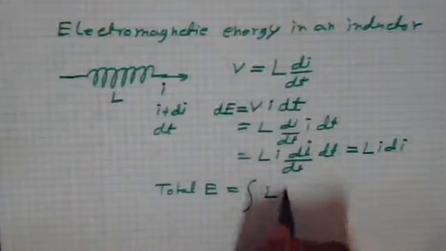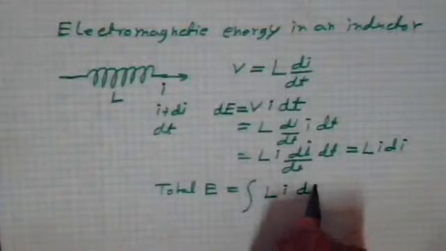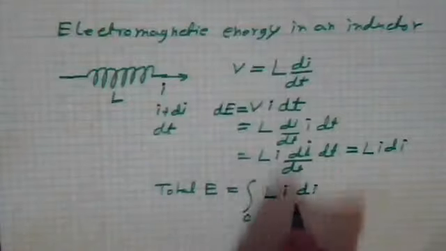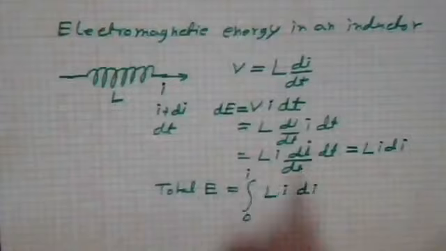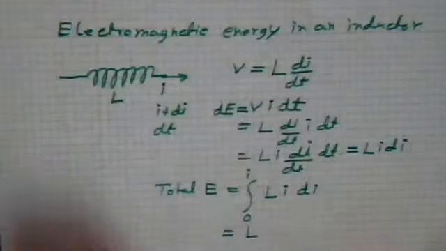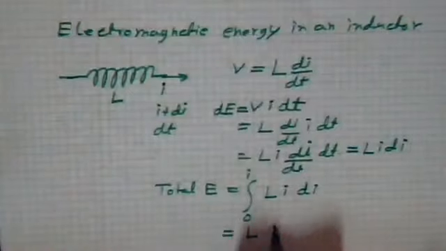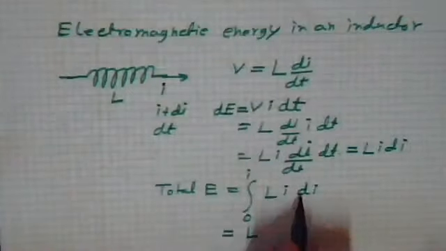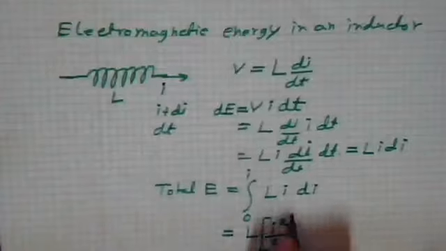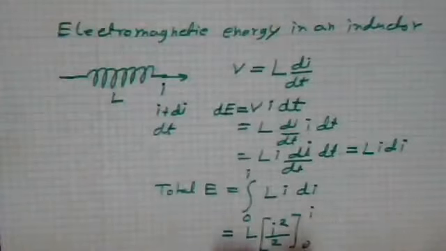So let me put here the integral of L I di from 0 to some value I, and then this is equal to L outside the integration, and then the integration of I di will be I squared by 2, from 0 to I.